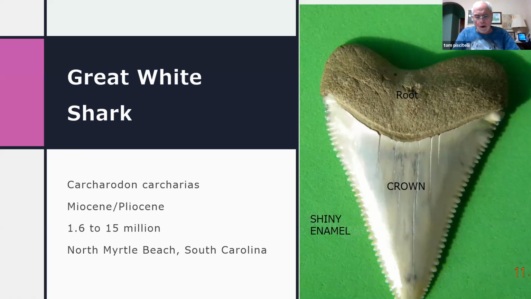The crown is the part of the tooth that was above the shark's gum. Sharks have very differently shaped crowns to catch and kill different prey. Sharks are carnivores. Because they do not eat plants, they do not need grinding teeth. This broadly shaped crown is used to tear into larger prey, biting off chunks that the shark can swallow. Next, please.